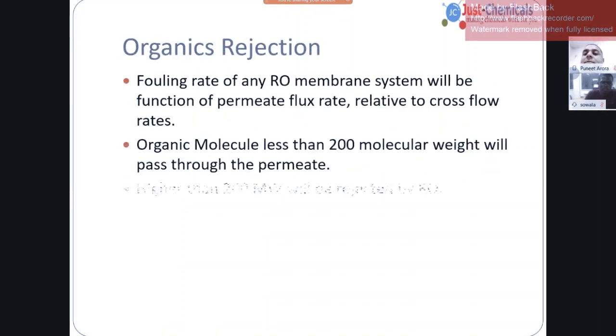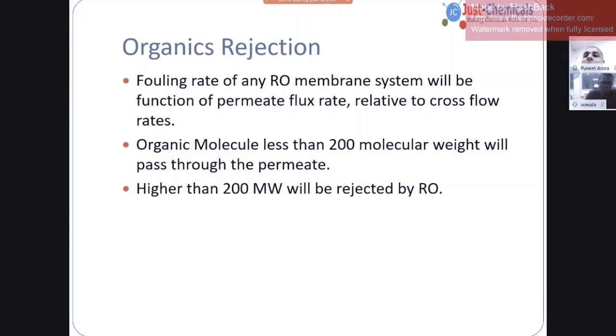Then organic rejection, falling rate, system will function permeate flux. Organic molecules less than 200 molecular weight will pass through in the permeate. Higher than 200 Dalton molecular weight will be rejected by RO.